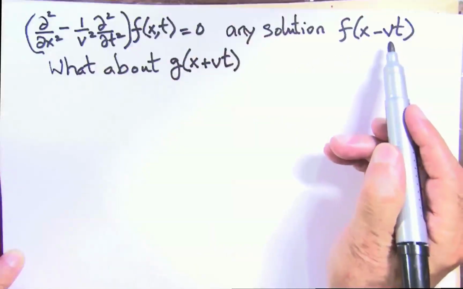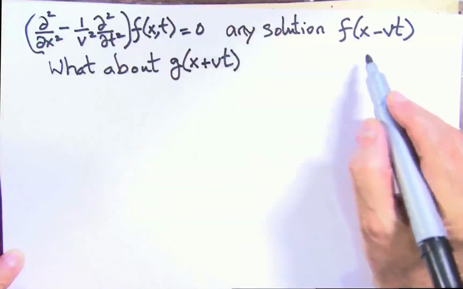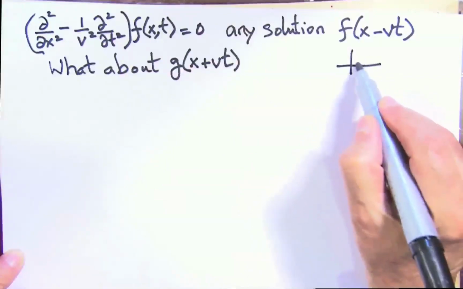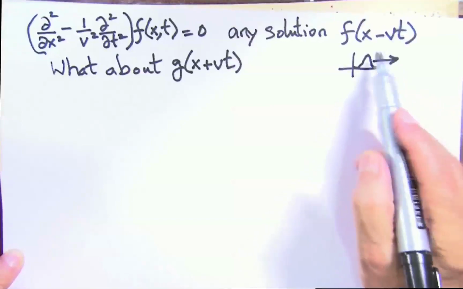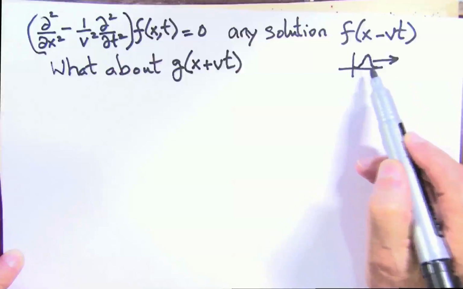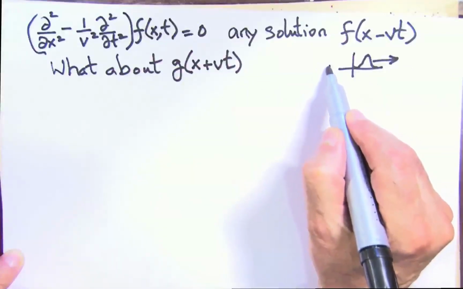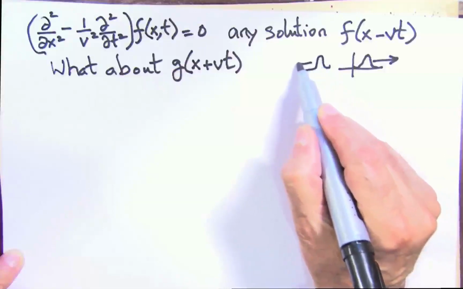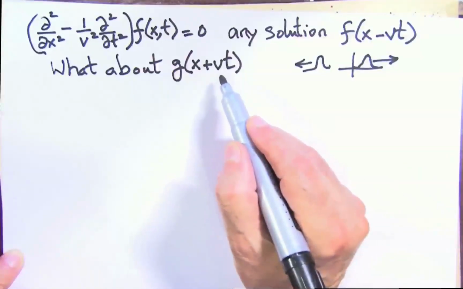Well, the only difference is that this wave was going this way. So x equal to vt is where the peak of this is located. But this wave is going the other way. So it will be going this way with negative velocity.